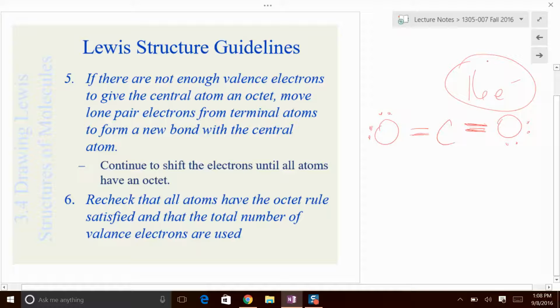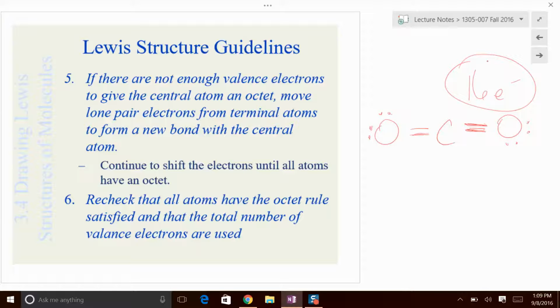Is every atom following the rule of 8? Okay, let's count this oxygen. 2, 4, 6, 8. It has 8. This carbon, 2, 4, 6, 8. It has 8. This oxygen, 2, 4, 6, 8. It also has 8. So everybody is following the rule of 8 like they should be.